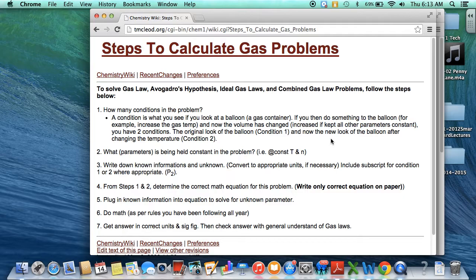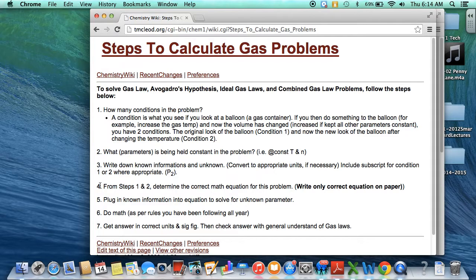For a one condition problem, you are always going to have the equation PV = nRT. Then you need to get x, the variable you're looking for, on one side and everybody else on the other side.